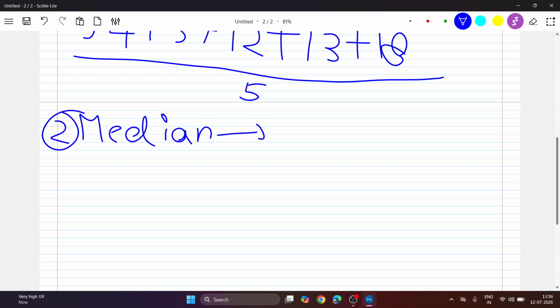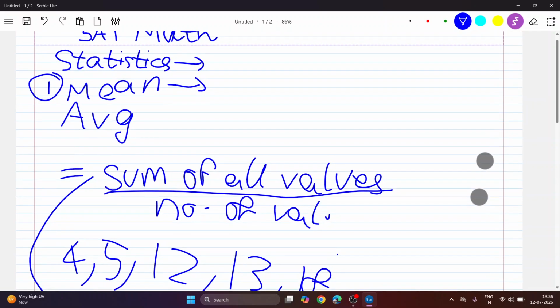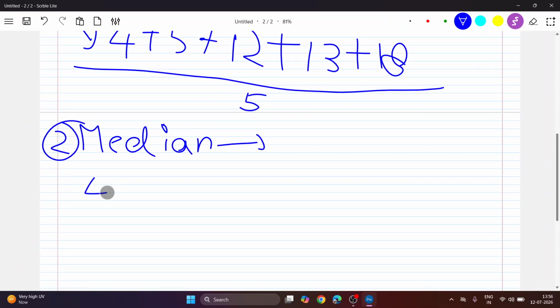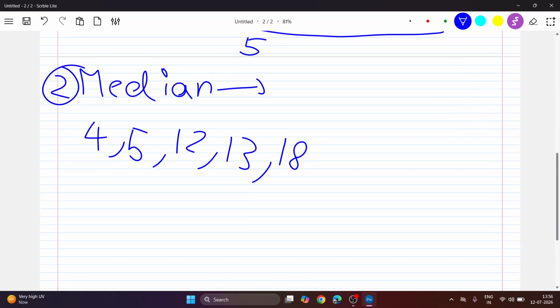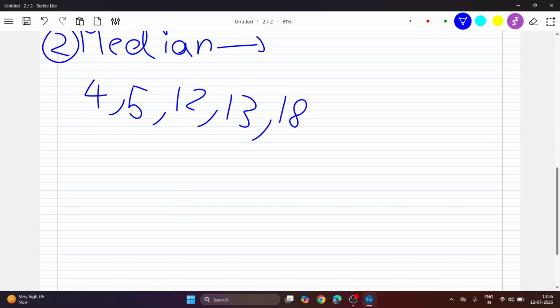So the median. The middle value is the median. So 12 is the median here, right?